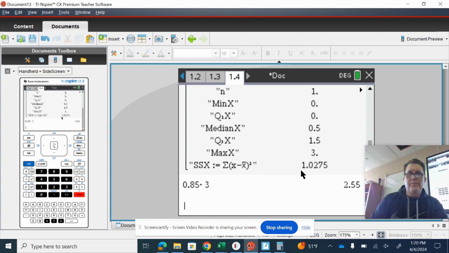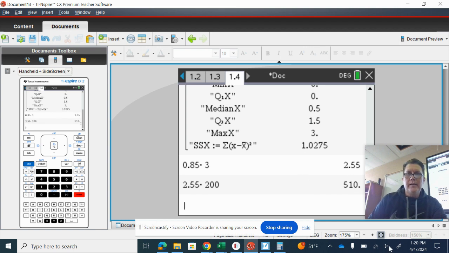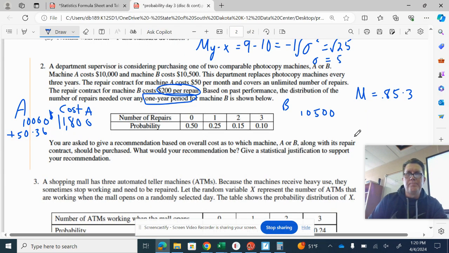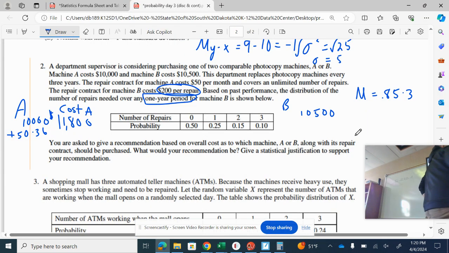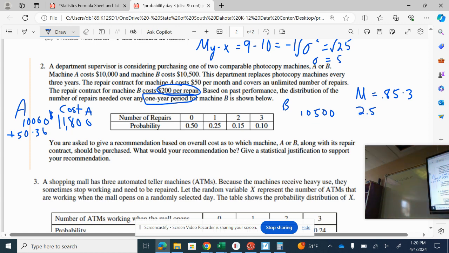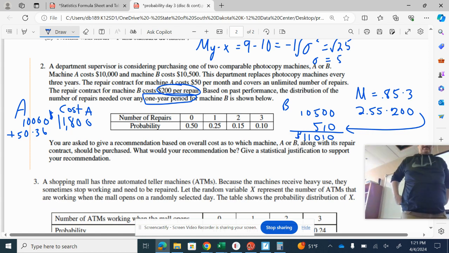So that's 2.55 repairs. Now we take that times 200 and get $510. So the total cost for this machine is $11,010 for machine B.